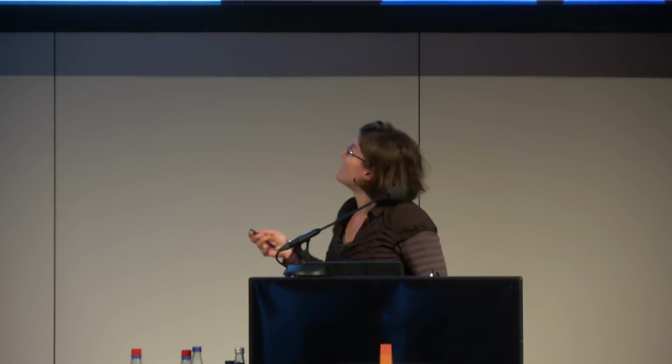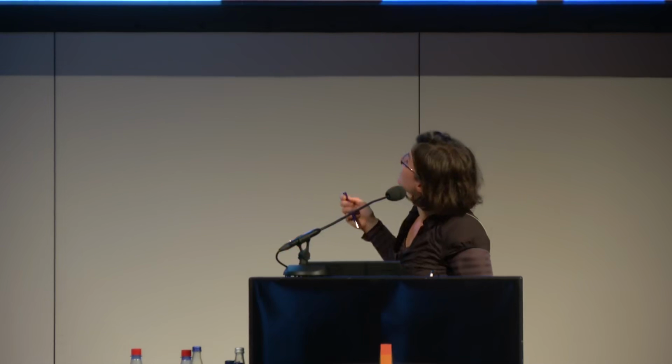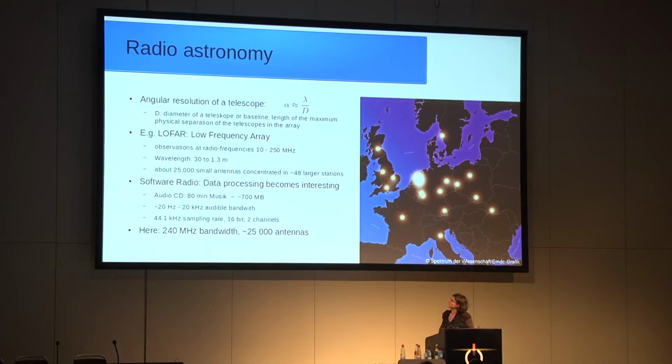So it's just not possible to move it anymore. The angular resolution of a telescope here depends on the wavelength divided by d. d is either the diameter of the telescope or it's the baseline, so the length of the maximum physical separation of the telescopes in the array.